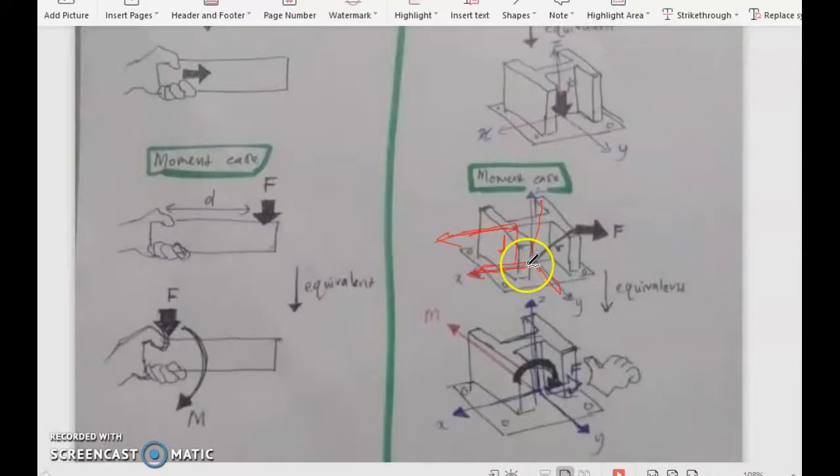But when it is on the axis, whether x, y, or z, it will not produce a moment. Other than the axis location, like this one or this one, the moment will be produced.